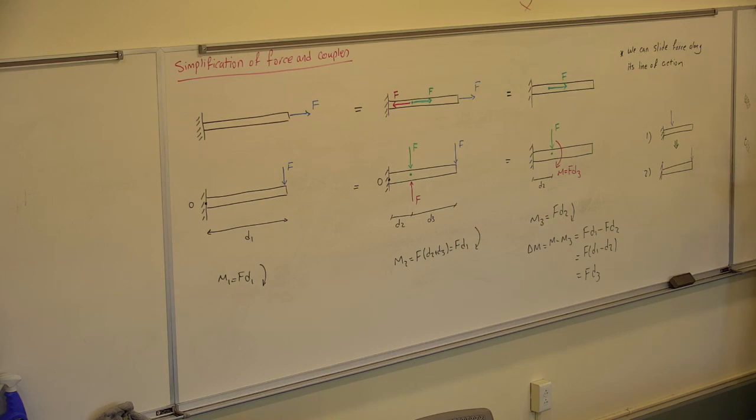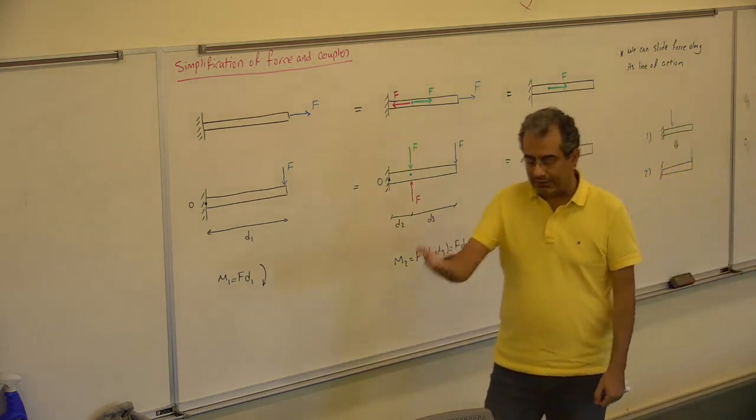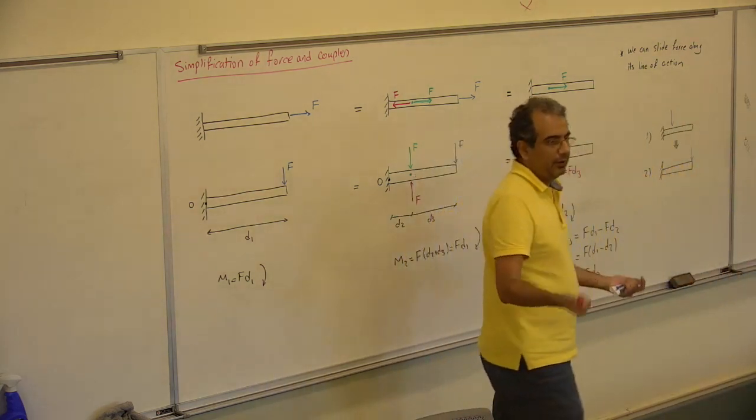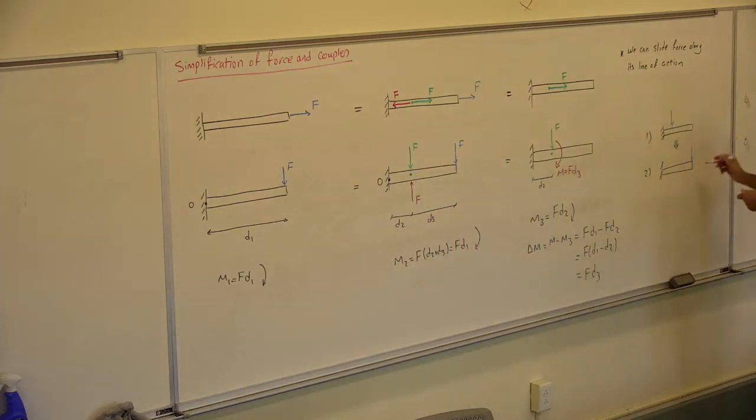So now I have to compensate for the moment I increased. I have to add the negative of the moment I increased. So in this case, I have to put the moment opposite of whatever I decreased to compensate.